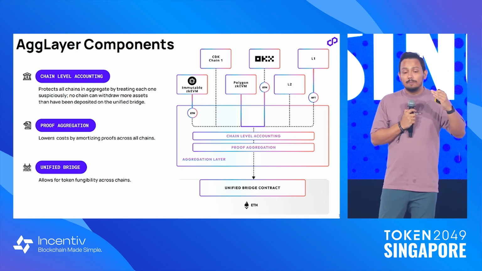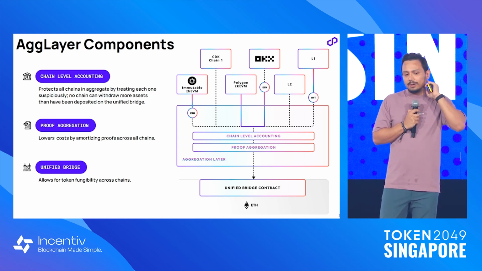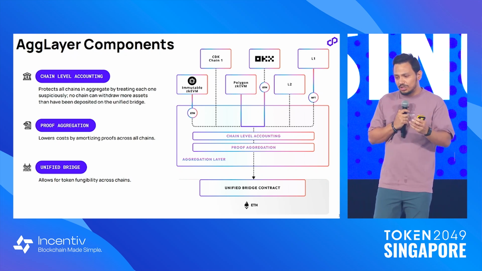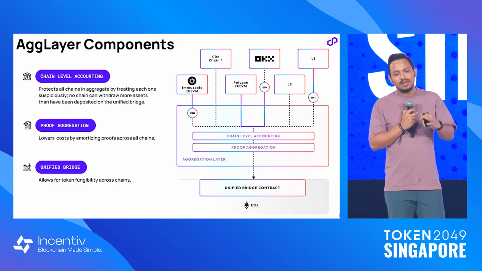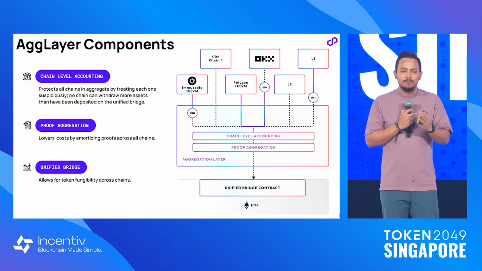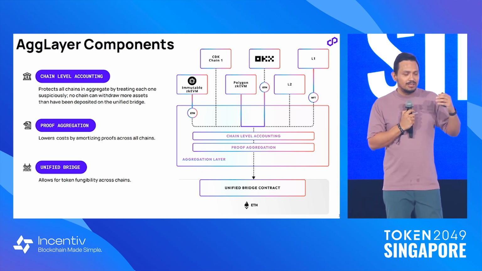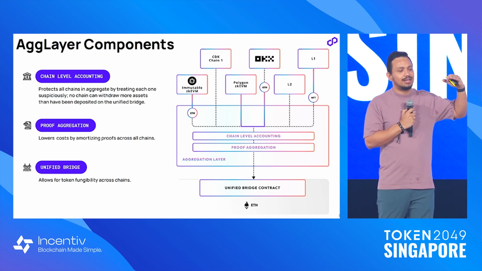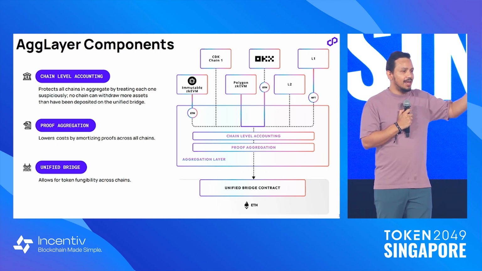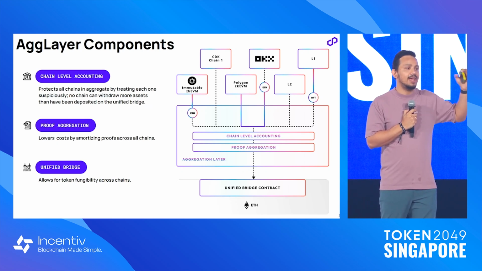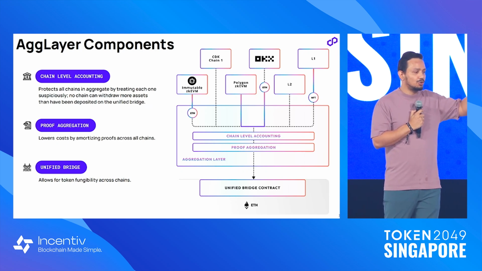So the first Ag layer version goes live in October, and somewhere around mid-December to January, the fast interoperability version goes live. For the developers here, you would be able to call a smart contract from chain A. Like your user is on chain A, he or she has 1,000 USDT.